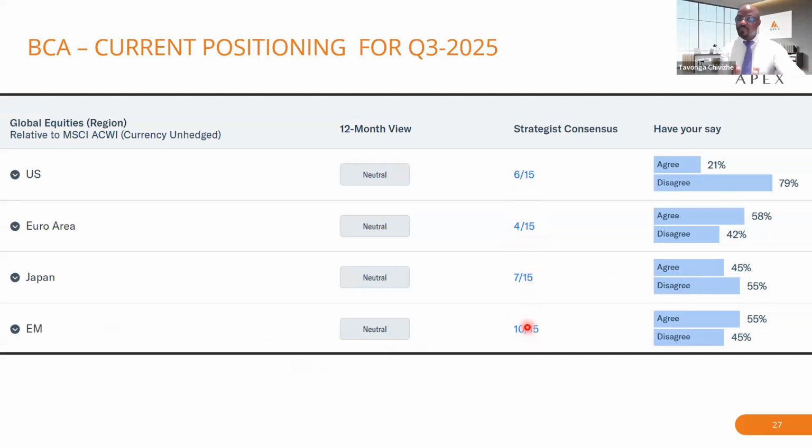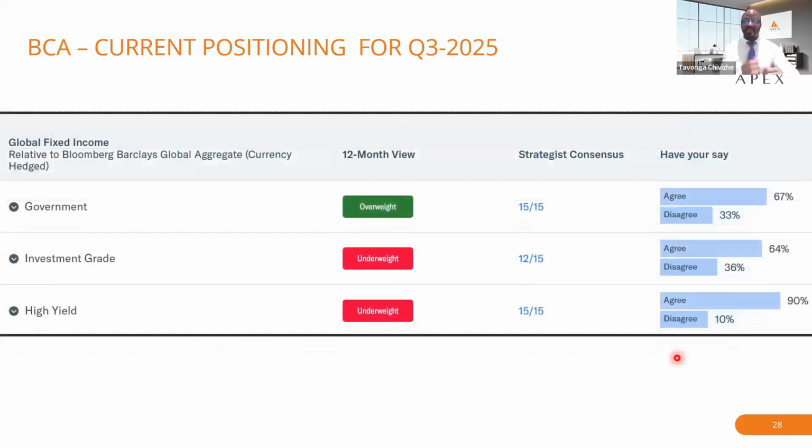So from a consensus perspective, this is one of the more favored areas within the BCA, and the subscribers 55-45. Well, borderline almost unsure, but sure, I guess is what you can say. But again, remember that we are neutral, so we haven't expressed a lot of greed. And I think it's in line with this external independent view into our risk appetite.